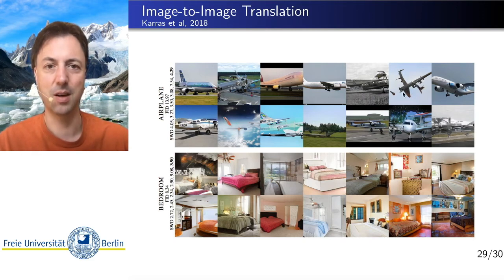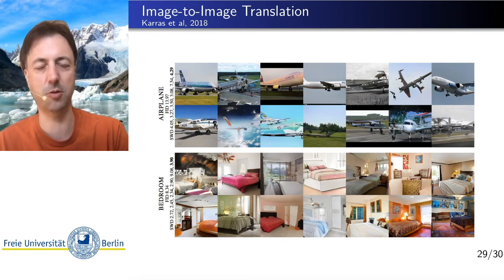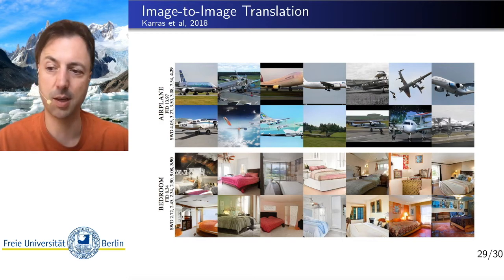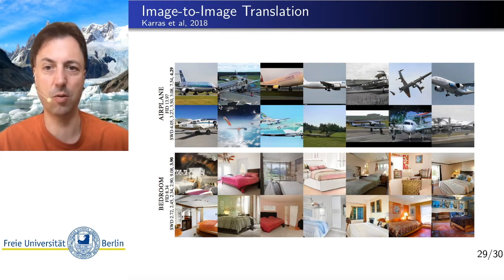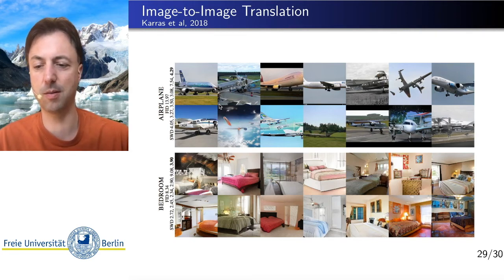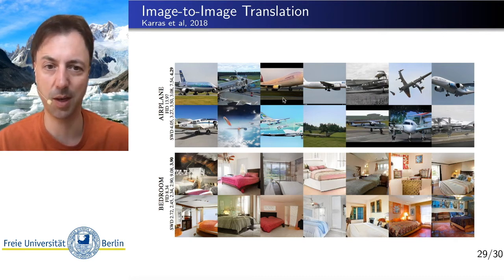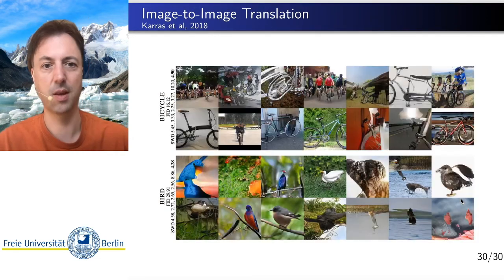So putting the local parts of an image into the correct global relation requires quite a deep understanding and requires either looking at many more examples and somehow learning by heart what that means, or having a somehow more structured representation of what it means to build a correct airplane, or how to put things in a bedroom in a way that makes sense.